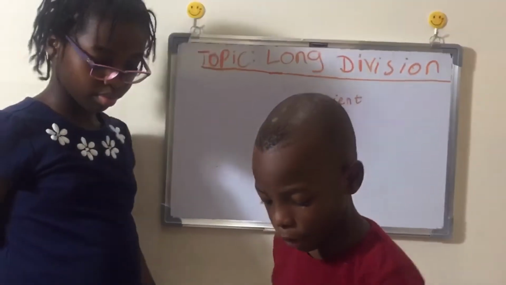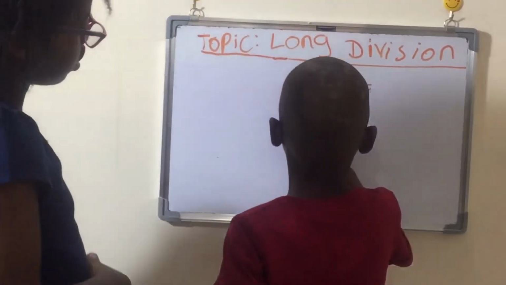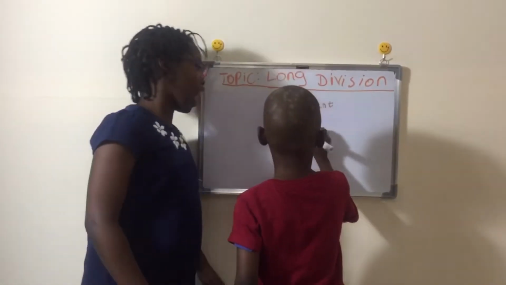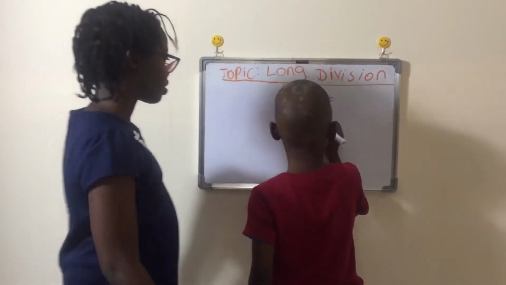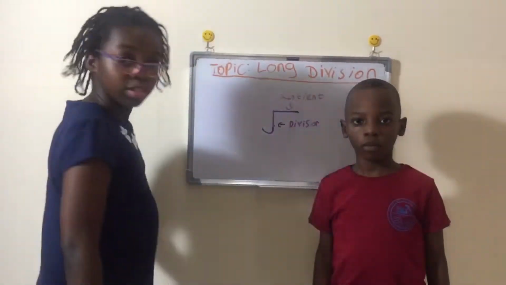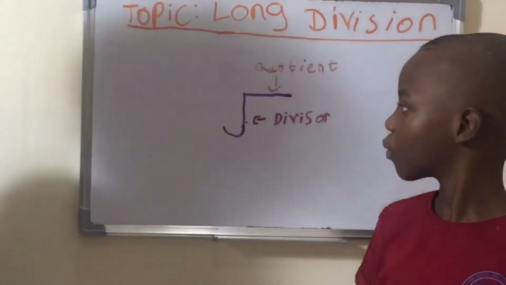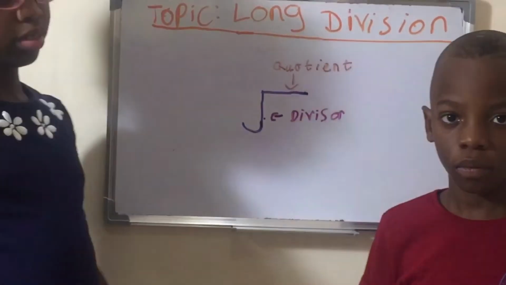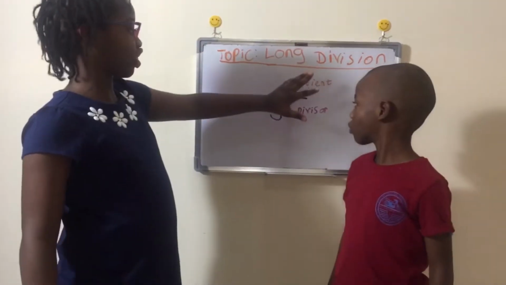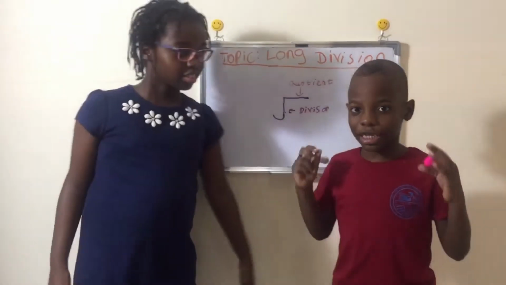Now the next one that we're going to show you is the divisor. And the divisor is here. It's always the big number. You put the big number there, the answer there. But what is this one for? It's called the dividend.